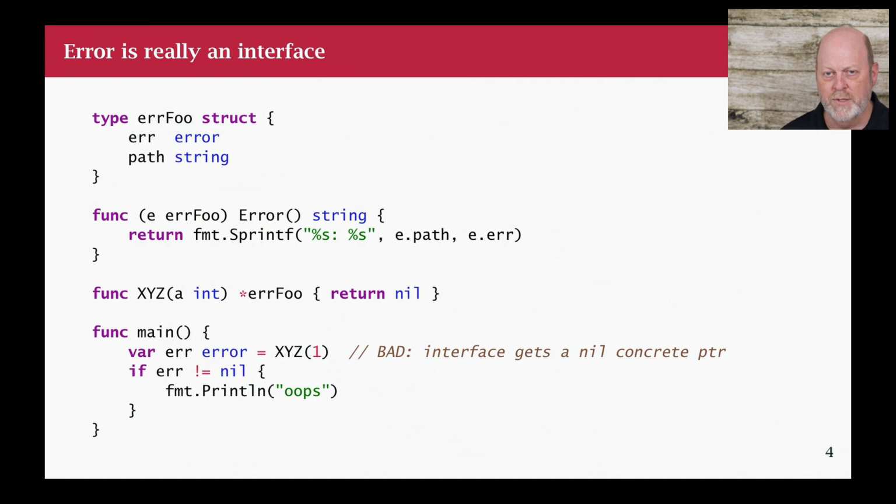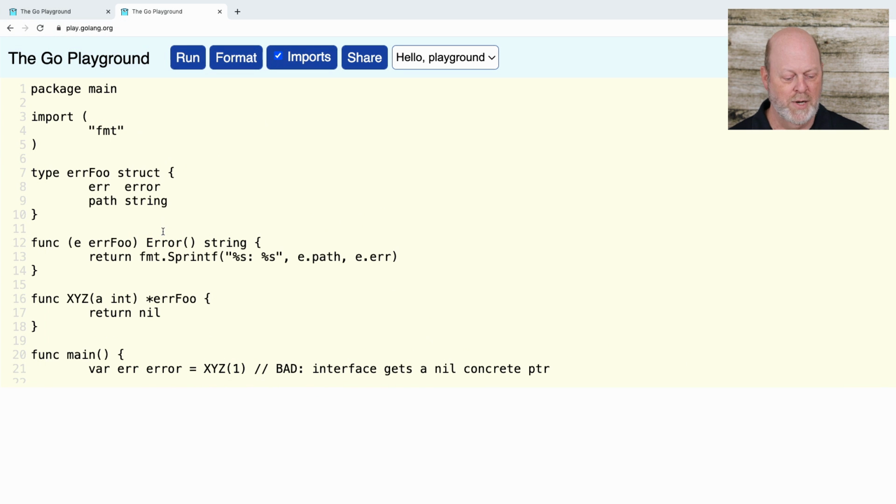Now, I want to take this slide and bring it over into the playground, because I want to run this. So if I look at this, I've created a custom error type. And it's typical to start with the letters Err and then something, ErrFoo in this case. It has the actual error in it plus maybe a string to represent a path. And I've defined an Error method. Once I do that, ErrFoo is going to be compatible with the underlying error type.